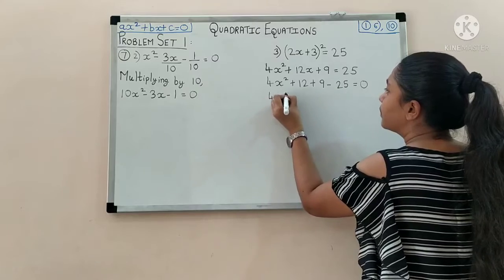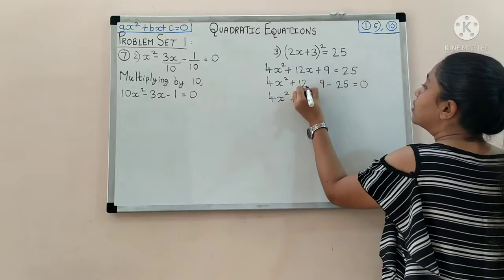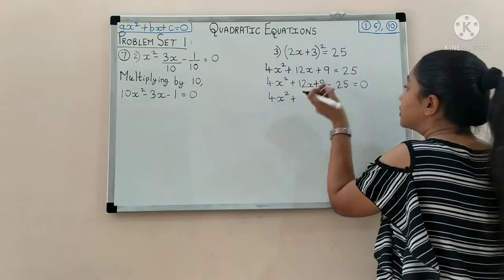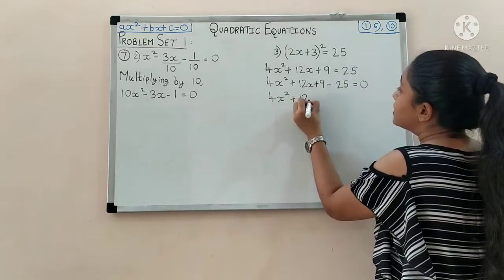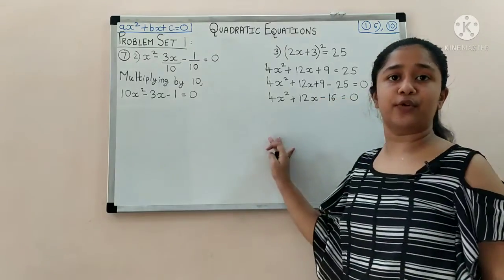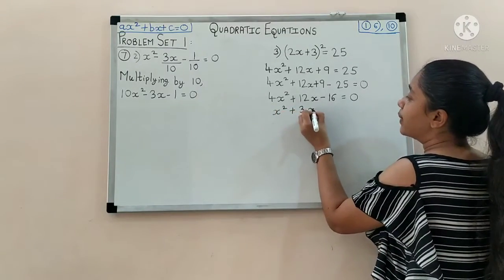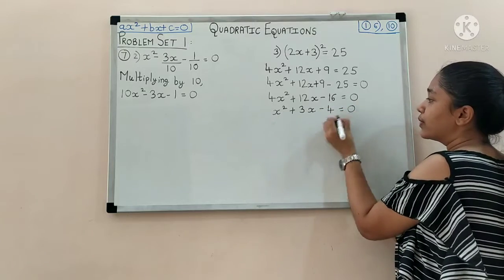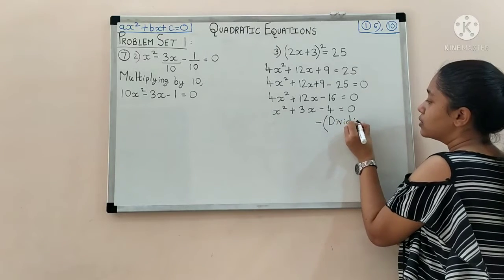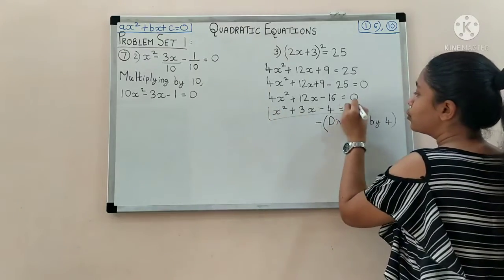So 4x square plus 12x minus 16 is equals to 0. Now you can divide this whole equation by 4 just to make it simple. So it will be x square plus 3x minus 4 is equals to 0. The reason you will write is dividing by 4. So this is your actual equation which you will have to solve further to get your answer.